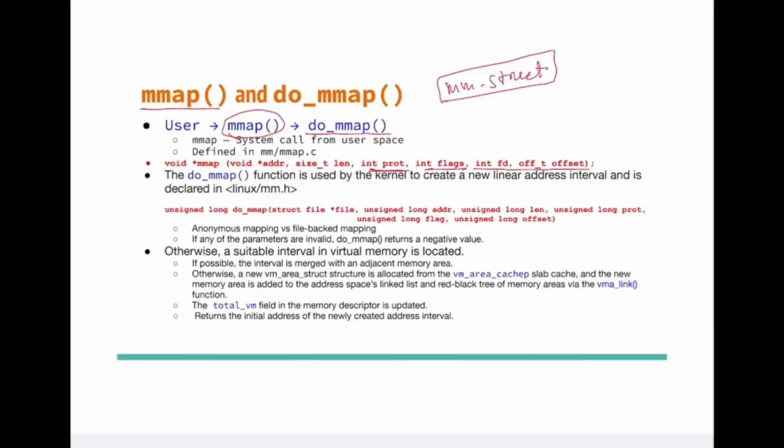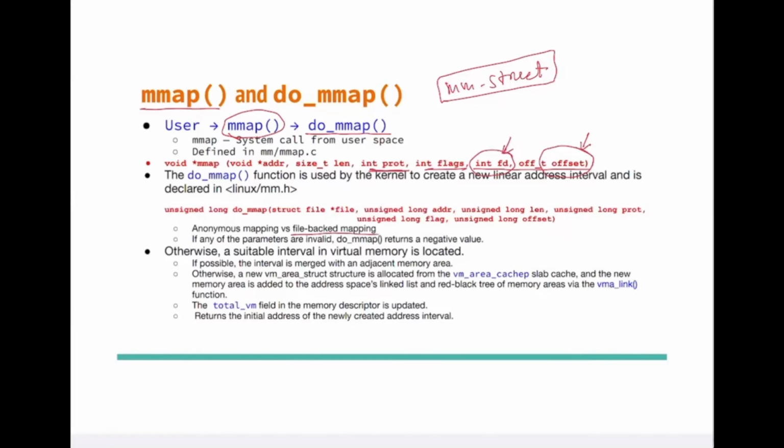If you see, we have this file and offset. If we are creating a memory area for a file mapped process, then at that time we have to specify the pointer to the file descriptor and the offset within the file. When our memory area is allocated for a particular file, we can say that this is a file backed mapping.